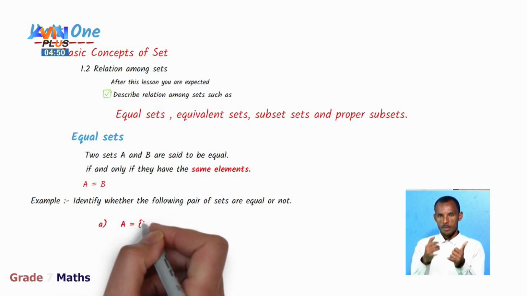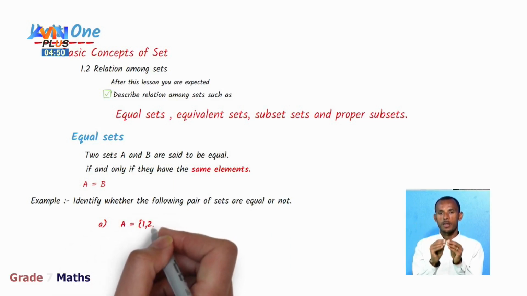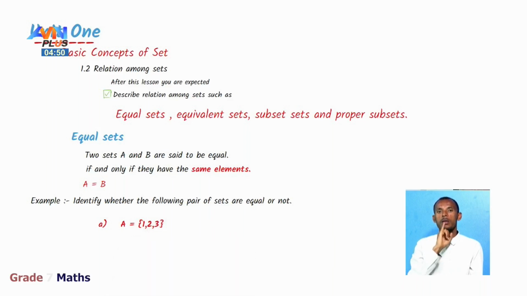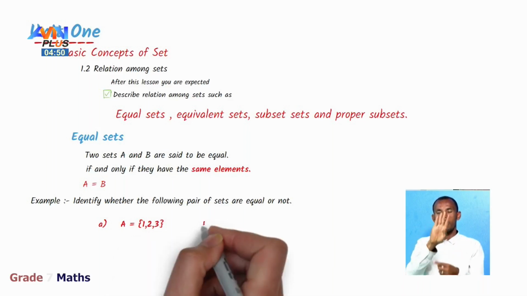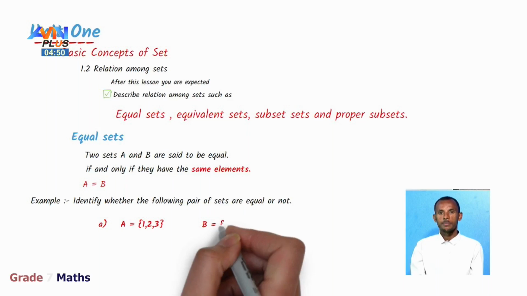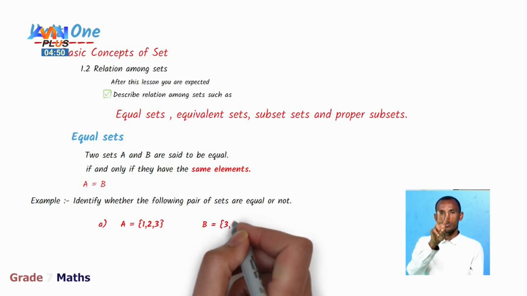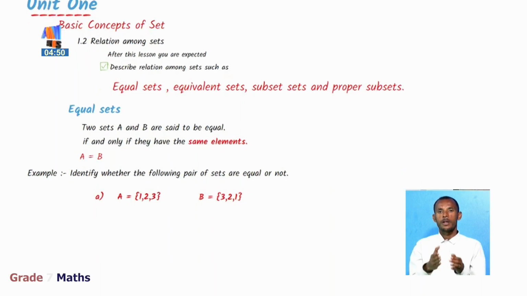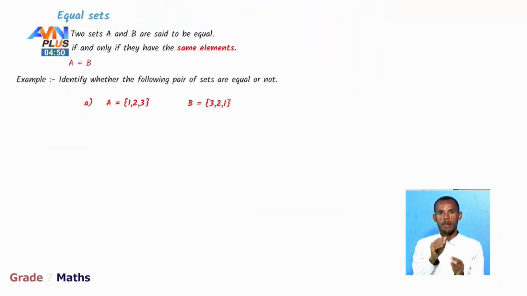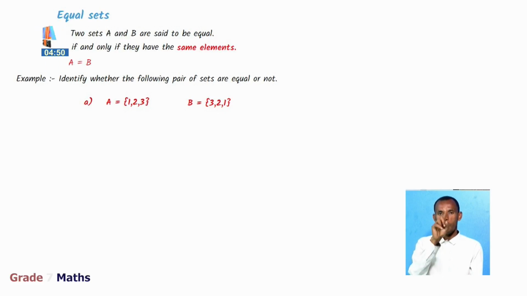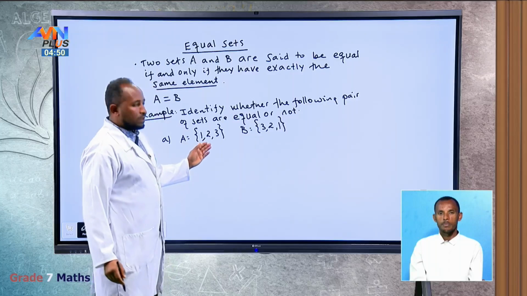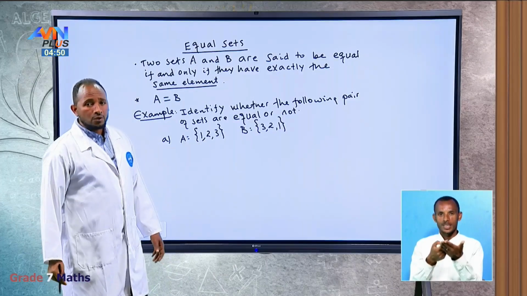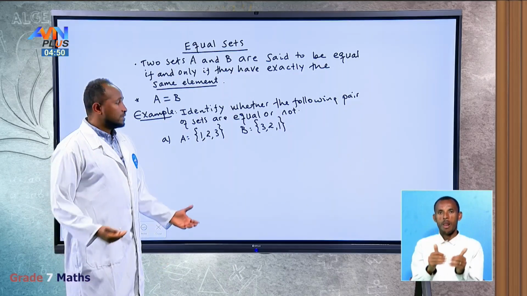Now the first one, set A is given to be 1, 2, and 3. Let's take another set. B is 3, 2, 1. Are these two sets equal? Let's see it together.